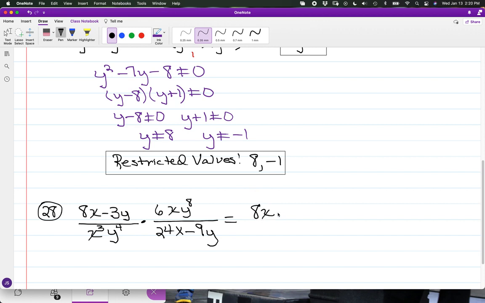Setting up the follow through, we have 8x minus 3y over x cubed y to the fourth once again, times 6x y to the eighth.